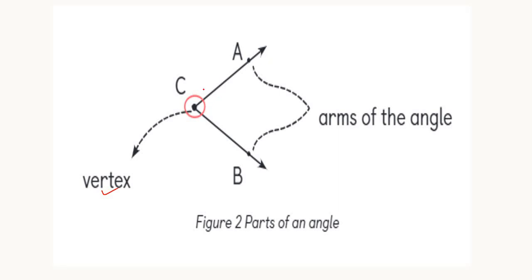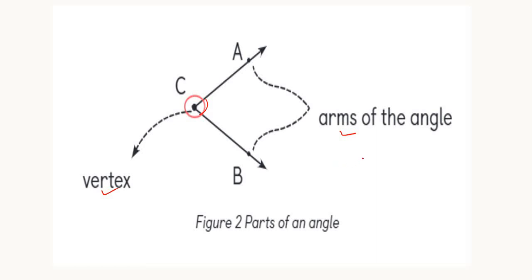The two rays, ray CA and ray CB, are known as the arms of the angle. And here what is formed? Here an angle is formed between the two rays. When two rays meet at a common point, an angle is formed.